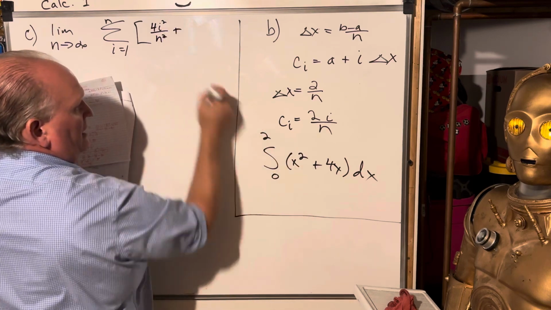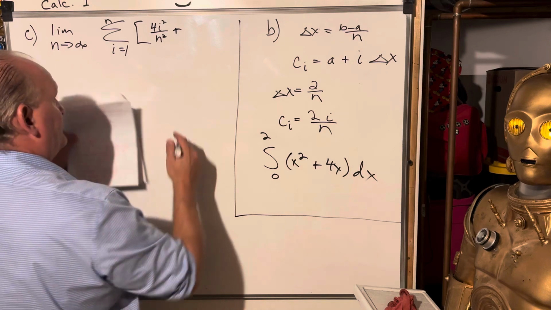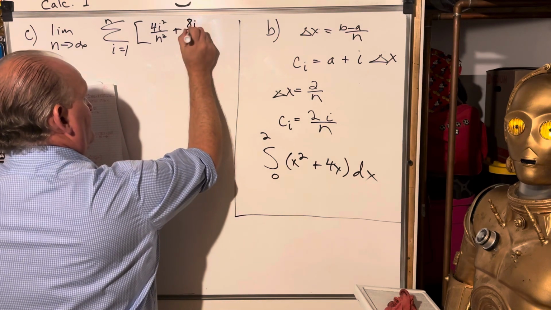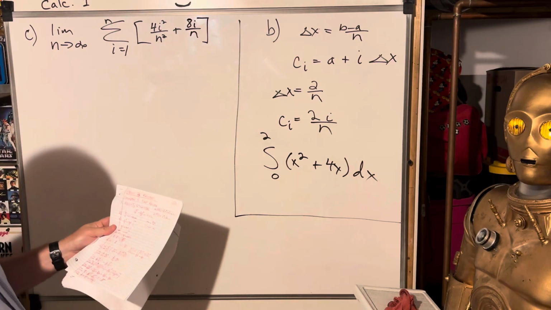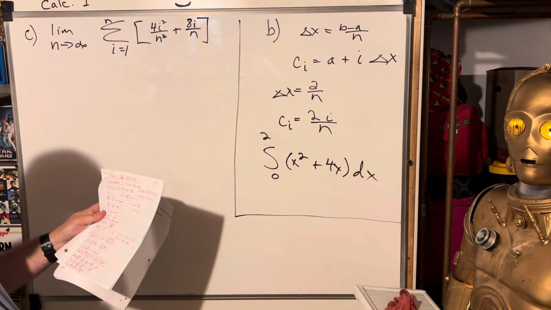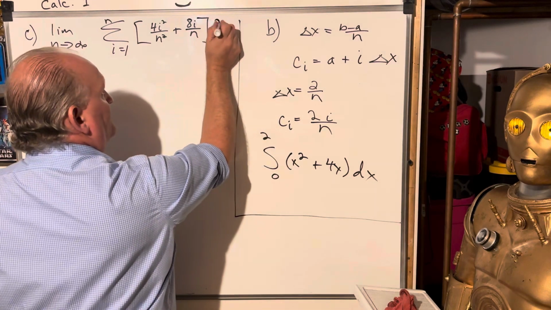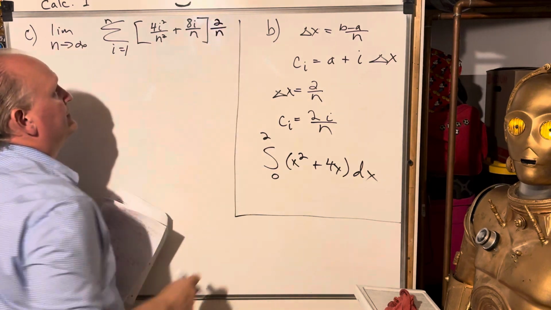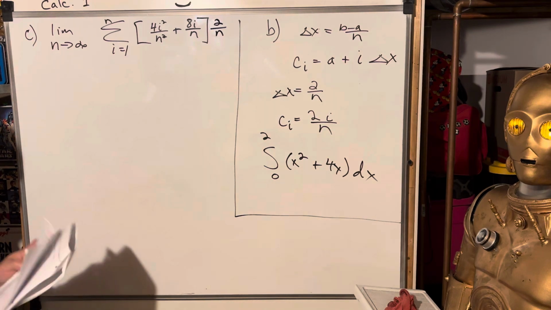Plus, and then 4 times that is 8i over n. And then times the change in x, or delta x. So 2 over n.